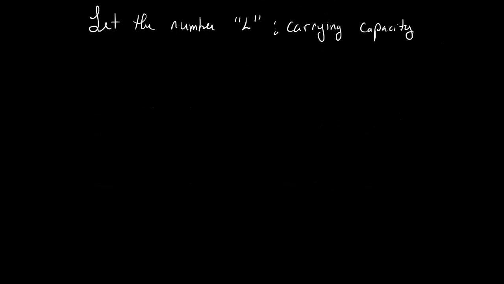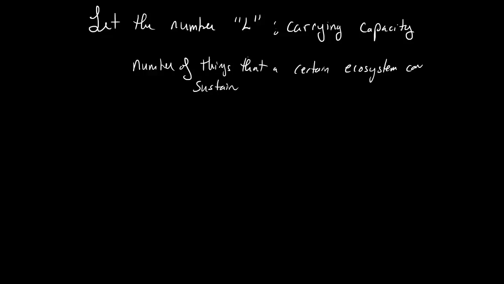So the value L is the carrying capacity. This is the number of things, foxes, fish, whatever it is, that a certain ecosystem can sustain. It's the number of somethings that a certain system can contain.